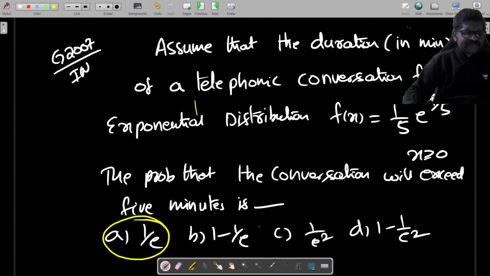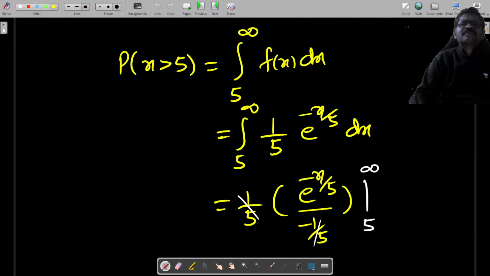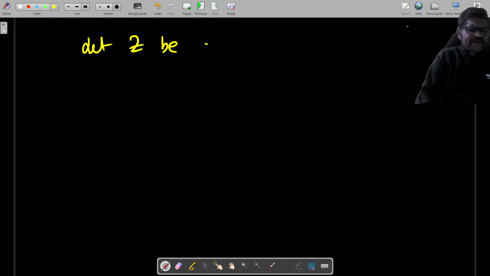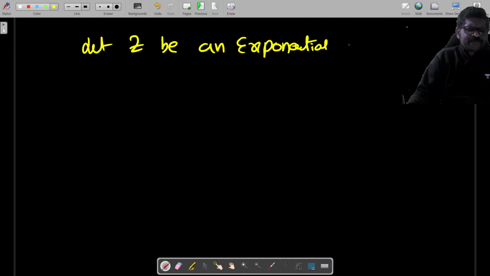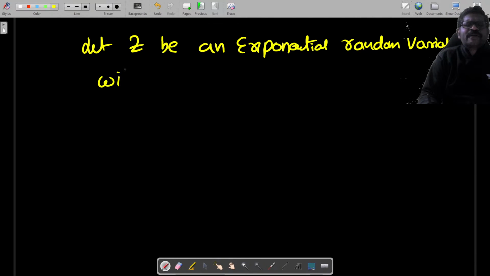Next problem. Let Z be an exponential random variable with mean 1.